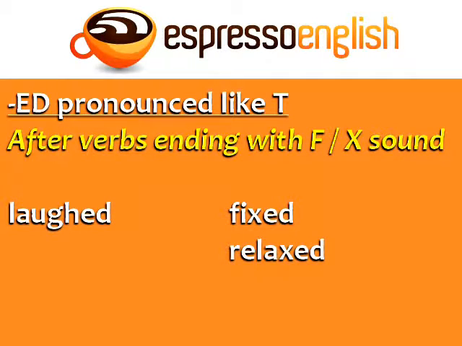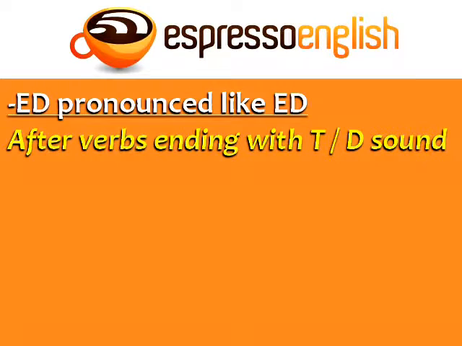Finally, ed is pronounced like T after verbs ending with an F or an X sound. Laughed, fixed, relaxed.